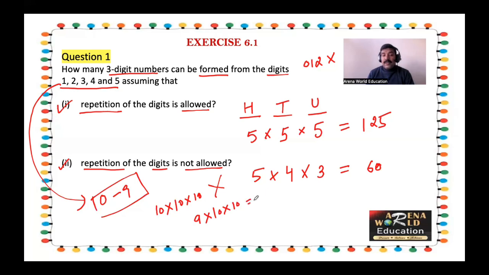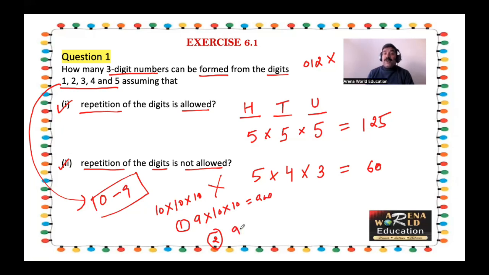So the total will be 900. That will be the first part. And for the second part, repetition of digits is not allowed. Then again you will start with the hundreds digit, which can be filled in 9 ways.